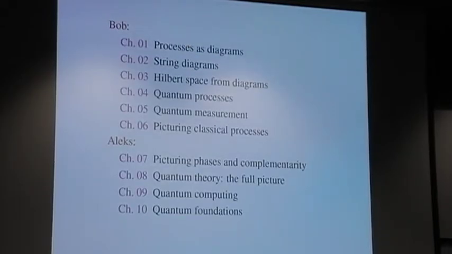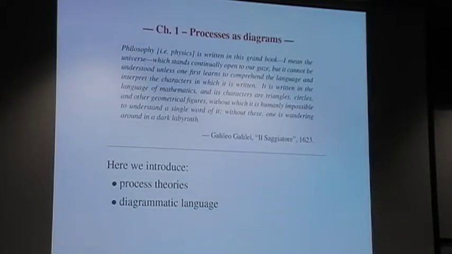This is an overview of the chapter, it doesn't really matter, so I'll do the first 6 parts, probably the first 3 in this hour. The first thing we're going to introduce is the idea of processes as diagrams.